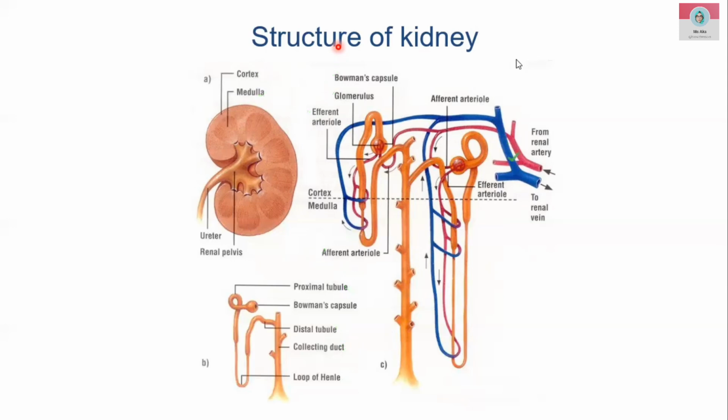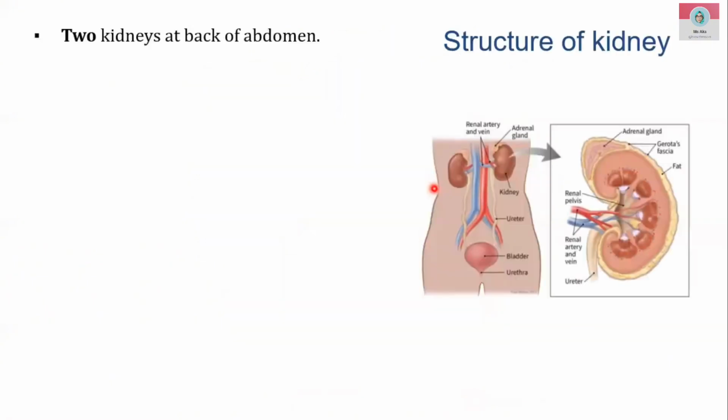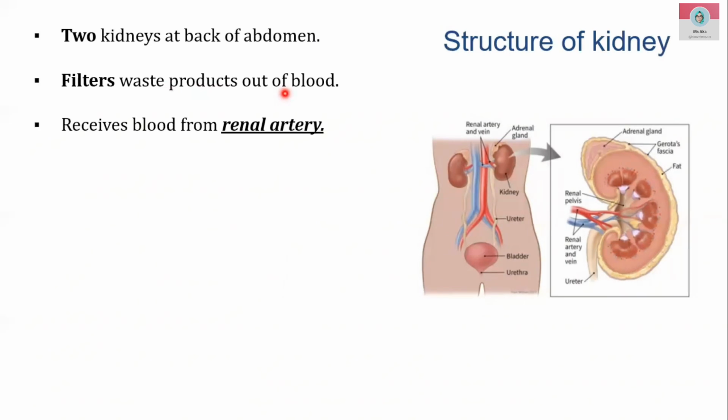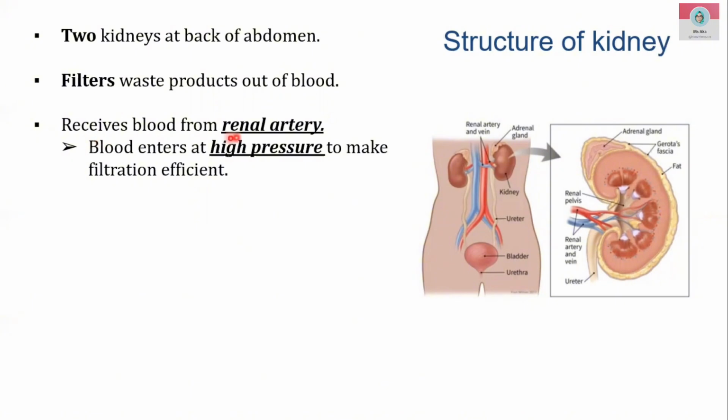Right. So, kidney. We have two kidneys at the back of our abdomen. Their function is to filter waste products out of the blood. The renal artery is the one that receives blood. Please remember that when blood enters the renal artery, it enters at very high pressure, because high pressure is needed for filtration to be more efficient.